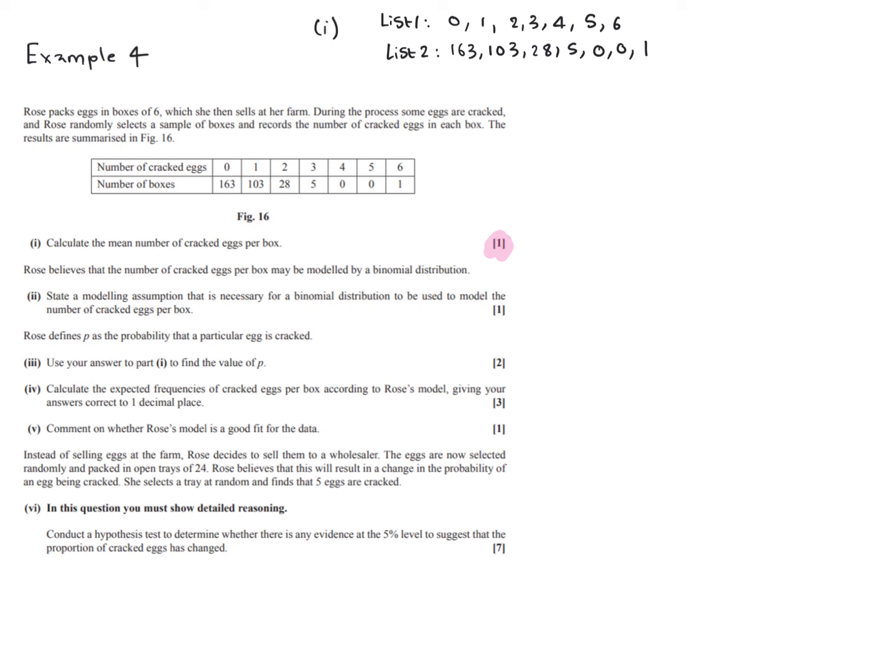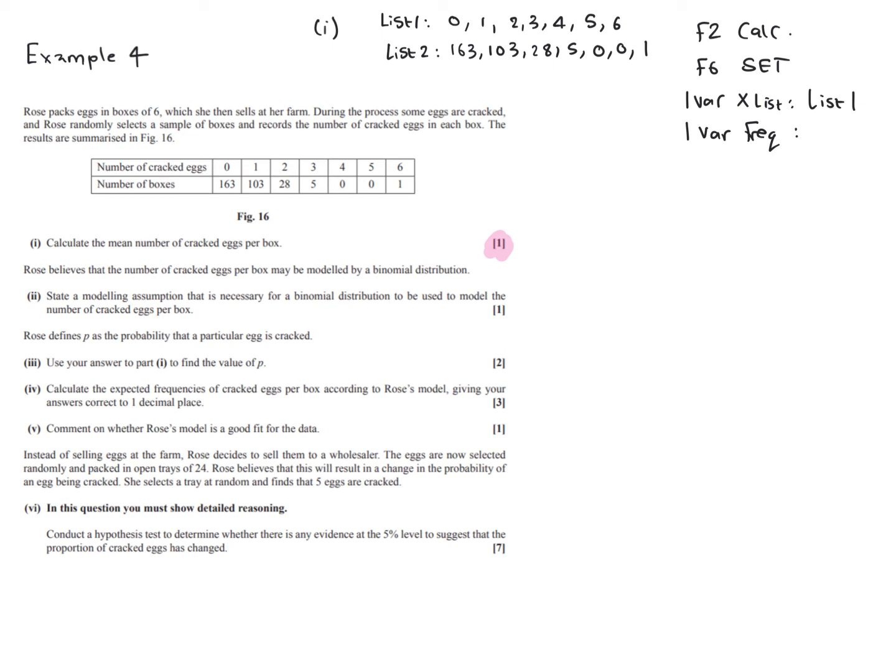We then want to select F2, which is calc, and then we need to check that everything is as it should be. So F6 and set is our next choice, and we want to make sure that 1 var x list is set as list 1. So make sure that setting is correct, and you can use the F1 button to change to a different list, for example, if it's not set correctly. And then 1 var frequency, you need to make sure that that is set at list number 2.